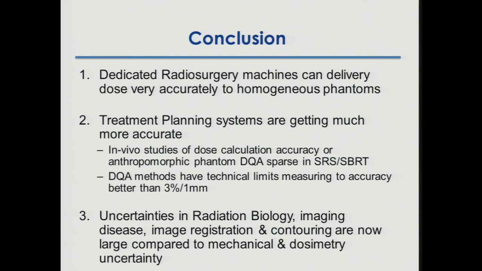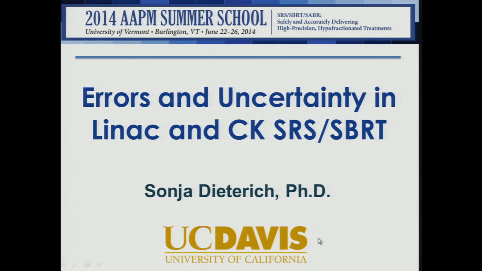And all of these, the radiation biology, imaging the disease, image registration, and contouring, are now large uncertainties compared to where we as physicists have gotten to with our mechanical and dosimetric uncertainty. So we've done our jobs here in the last 15 years, and now it's time to focus our attention here to get more accurate and precise. And with that, I'll close. Thank you.